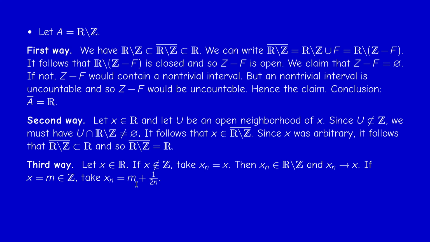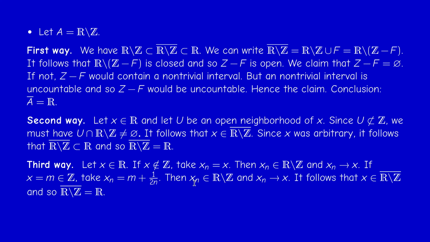It's an integer plus something very small. So X_n is a sequence in R without Z, and of course converges to X. Here M is fixed and n is variable. So in both cases we found a sequence in R without Z converging to X, and therefore by proposition 1.6 X belongs to the closure, and as before the closure is R because we have a double inclusion.